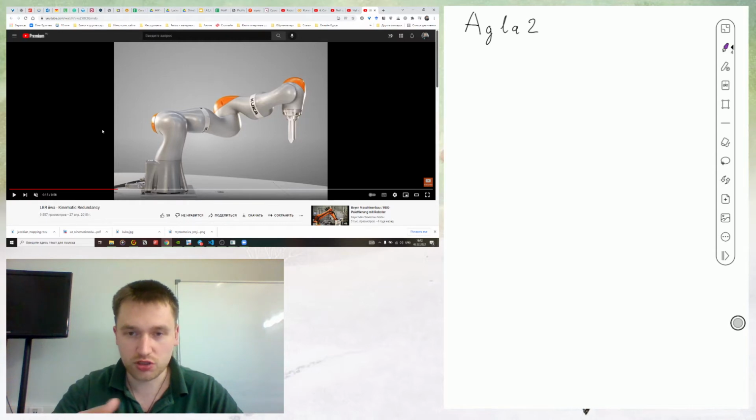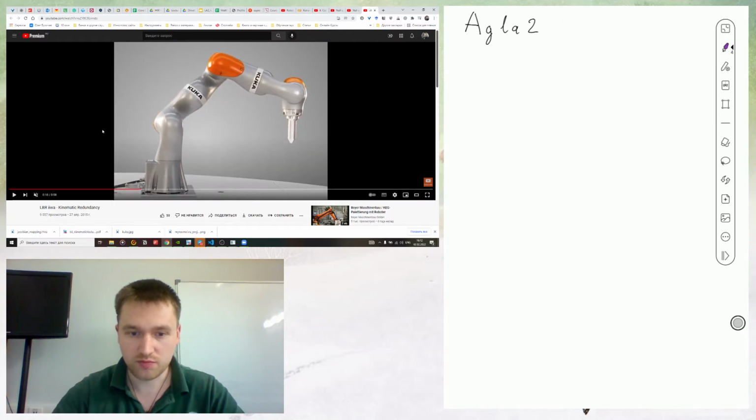When we have more degrees of freedom in a robot, we can have the same orientation and the same position, but our manipulator can still move. It can be seen in this video. Our end effector won't move, but the manipulator itself can move.